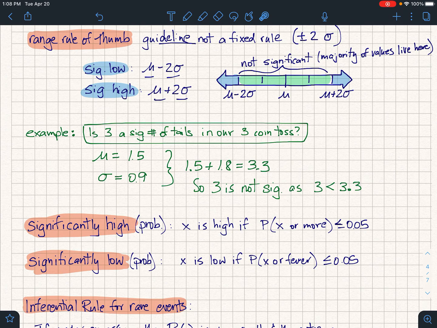Okay? But we can when we have more trials, obviously. Or 3 or less. And if that probability is less than, in both cases, 0.05, then you're either significantly high or significantly low. All right? So straight up looking at the probabilities instead of their standard deviations.